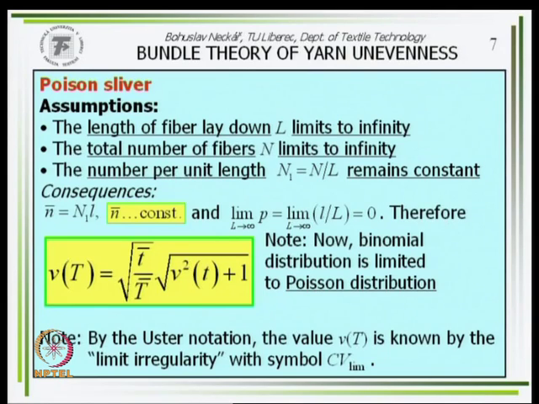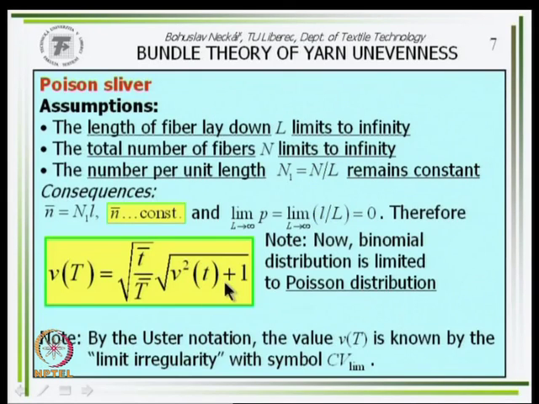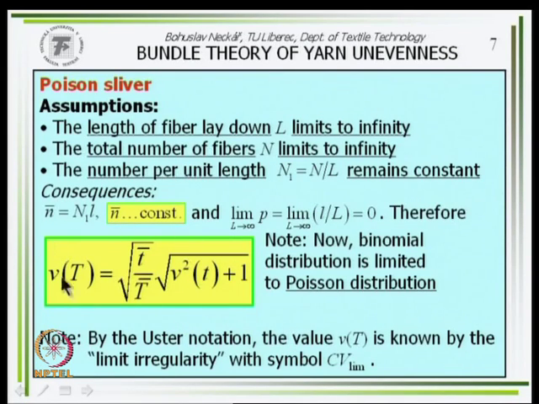Nevertheless, the probability P, which was small l by capital L, when L is increased to infinity, is the limit of this ratio, and because L is limited to infinity, this ratio is limited to 0. The probability P is limited to 0. Therefore, I can use this expression in the special moment in which P is equal to 0, and I obtain this equation.